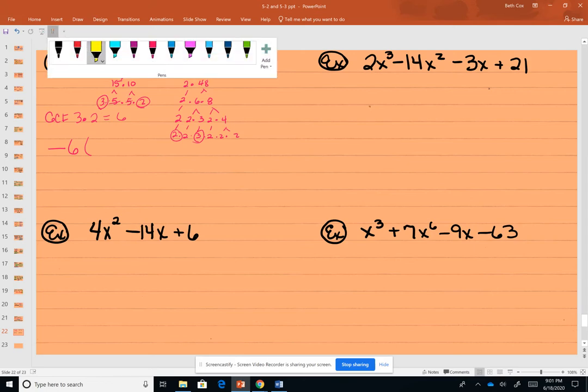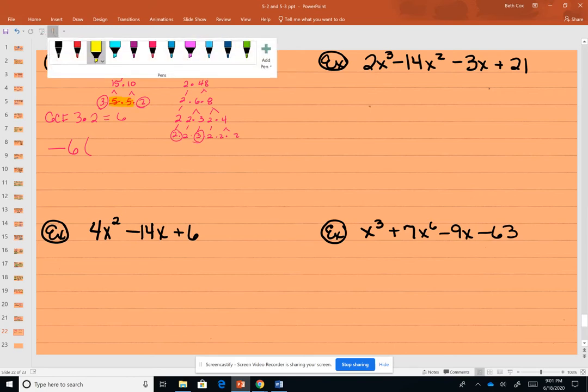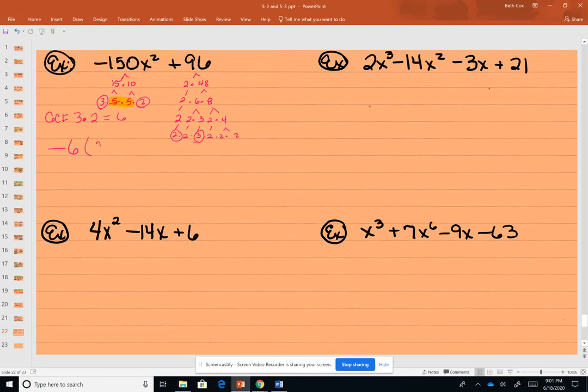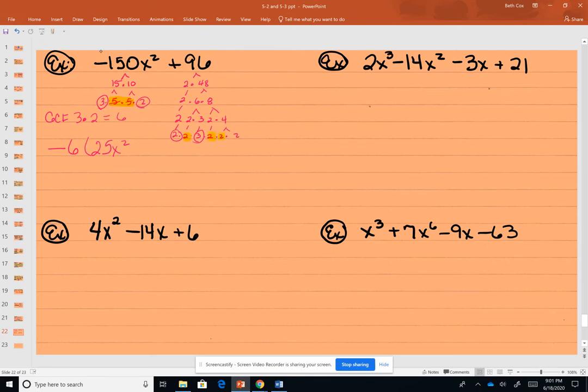How'd you do that so quick? Here it is right there. It's 25. Okay, that was a cheap trick. 25x to the second. Now when I do 96 divided by 6, it's not as easy. That's technically 4 times 4, which is 16.